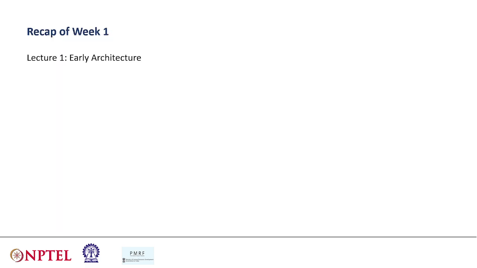Now, what did we learn in week one? The first lecture was about early architecture. It started with the Indus Valley civilization, the Bronze Age, and how the Vedic civilization came with the decline of the Indus Valley civilization.